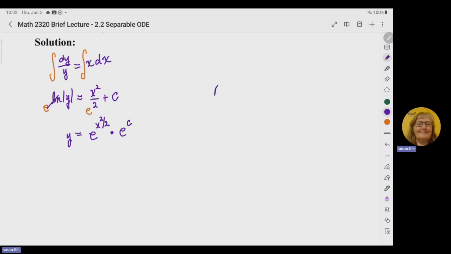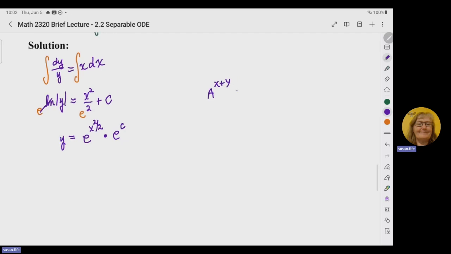Remember that your rules of exponents are that if you have a base like a raised to the x plus y power, you can write that as a to the x times a to the y. In this case, that x squared over 2 plus c is all the exponent.